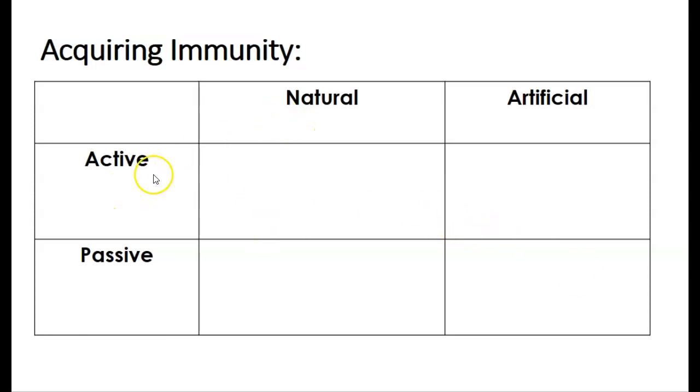So to define the words first, active immunity is where your own immune response has responded to an infection. So where your immune system has done the work. Passive immunity is where antibodies, the result of your immune system, have just been given to you.